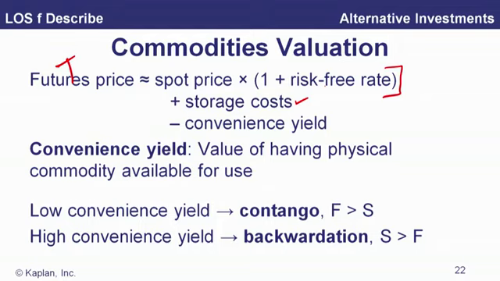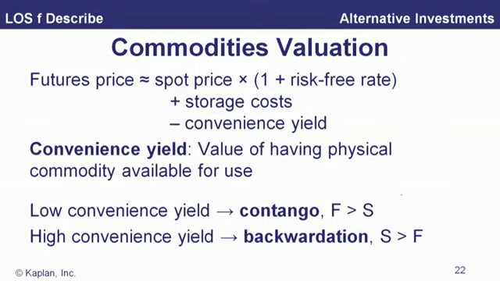Now, if the convenience yield is low, then we find ourselves in a situation of contango, where the futures price is above the spot price. Well, we've got this as a plus. We've got this as a plus. So if this is very, very small, the spot price is less than the futures price. So that's what we've got here.